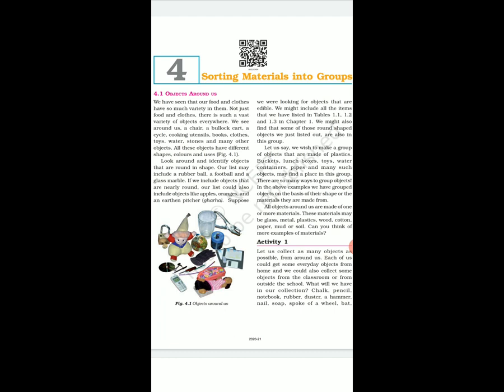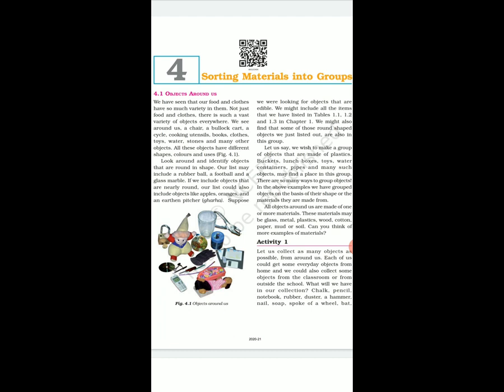Objects around us. First topic is objects around us. We have seen that our food and clothes have so much variety in them. Now, not just food and clothes, there is such a vast variety of objects everywhere, right? There is a variety of objects not only in our food and clothes, but also in the things in our house.